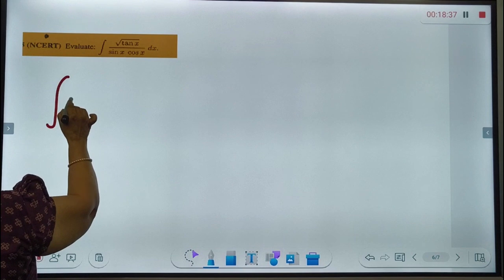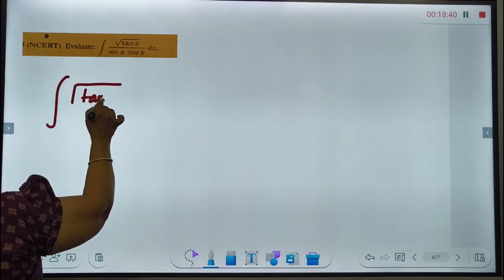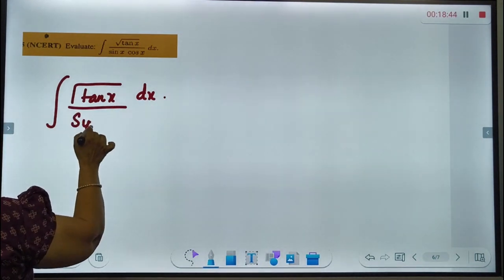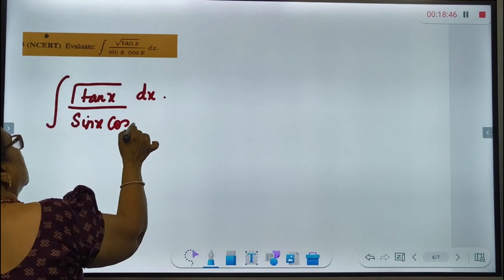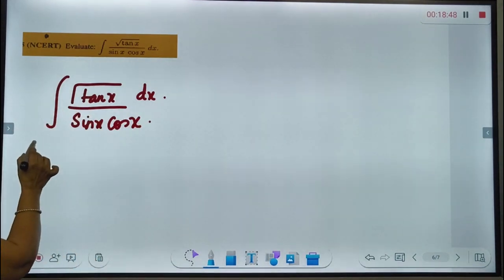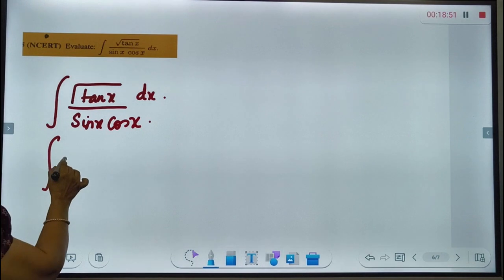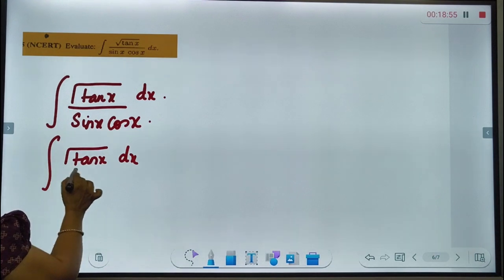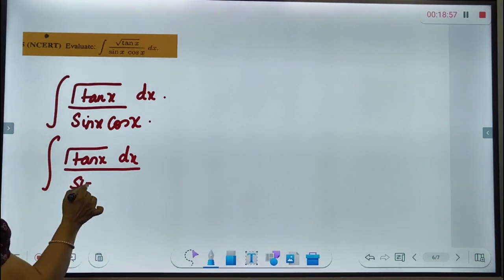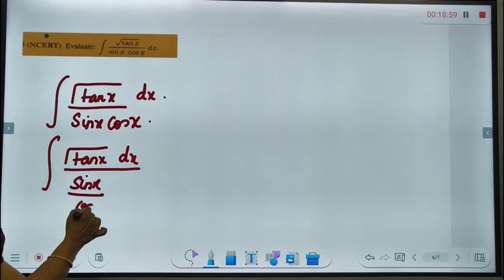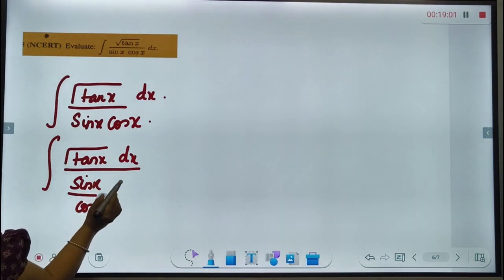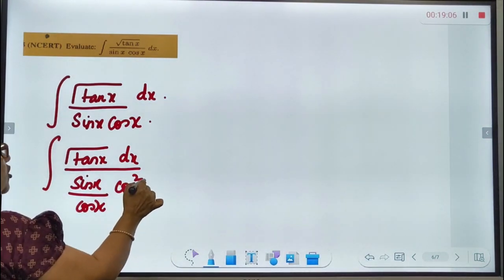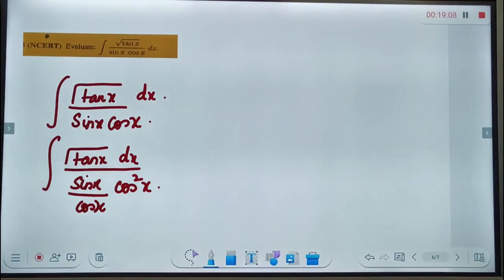Next problem, integral of root of tan x dx by sin x cos x. Since I have root tan x here, I am going to write this as root tan x dx, and this sin x I am going to divide and multiply by cos x. Already one cos x is there, so this becomes cos square x.